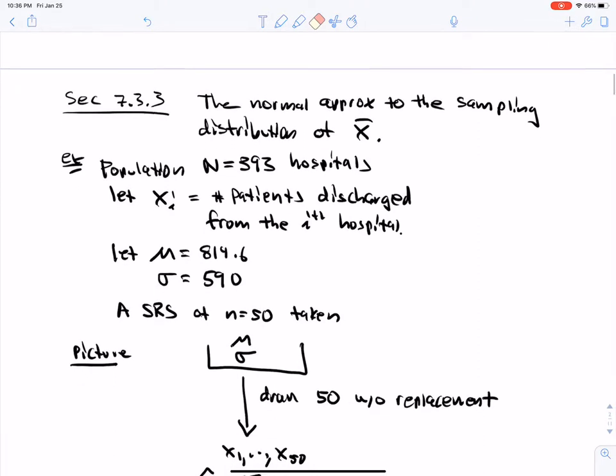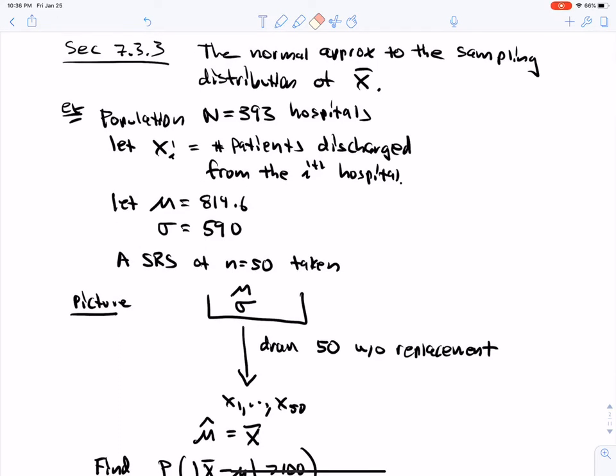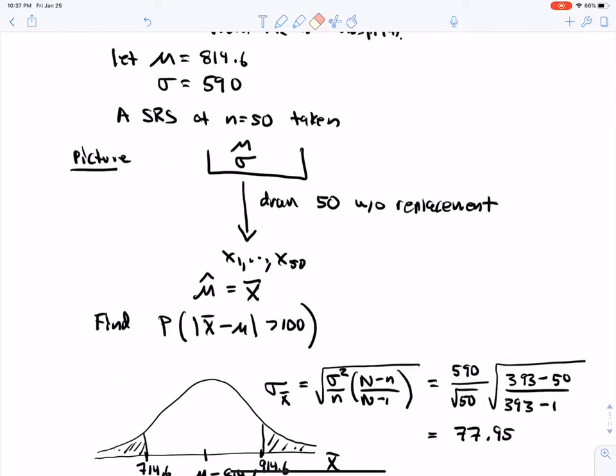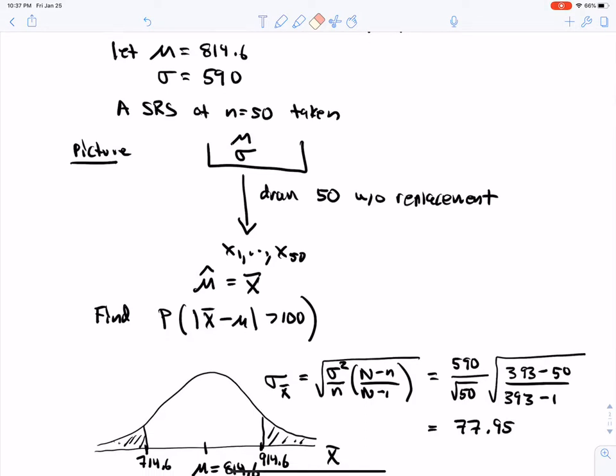Section 7.3.3, the normal approximation to the sampling distribution of x bar. We have an example with a population of 393 hospitals, where our box consists of the number of patients discharged from each hospital, and we're choosing a sample of size 50. The population mean and standard deviation are given, and we're taking an SRS of size 50, in other words drawing without replacement.